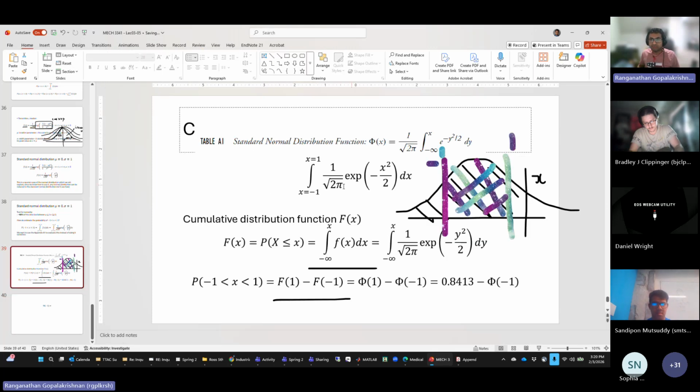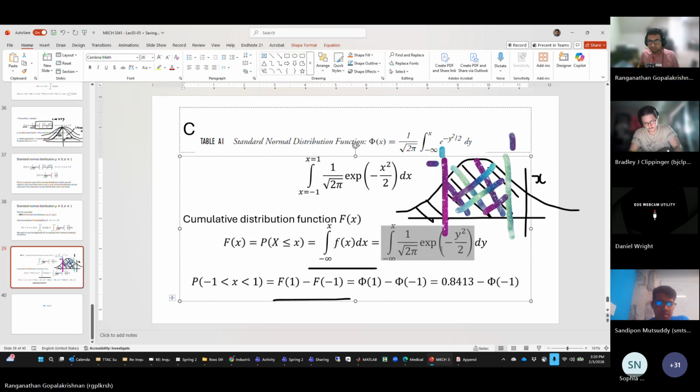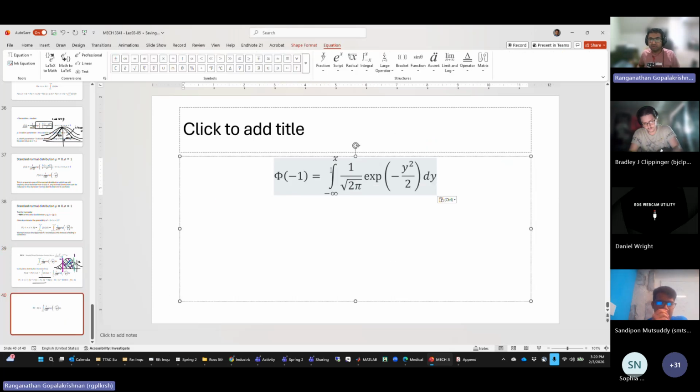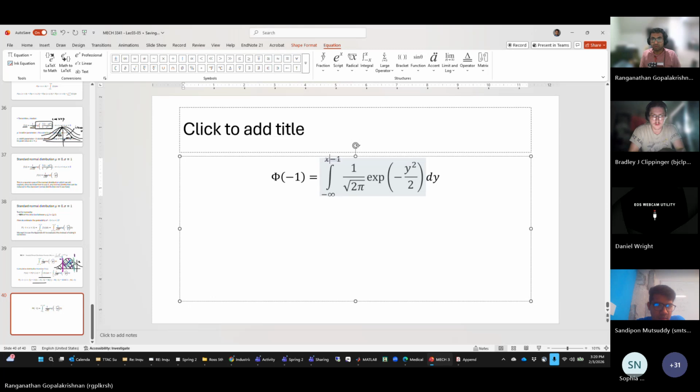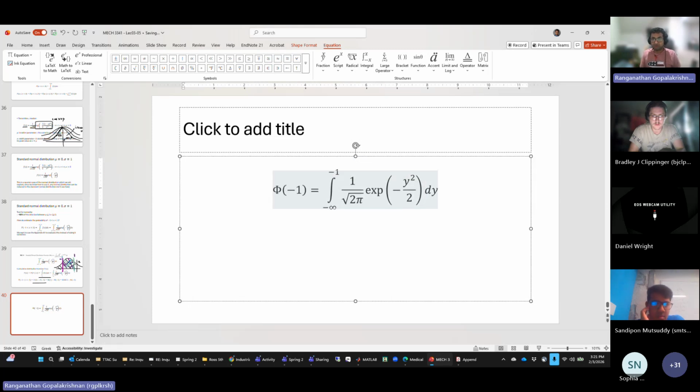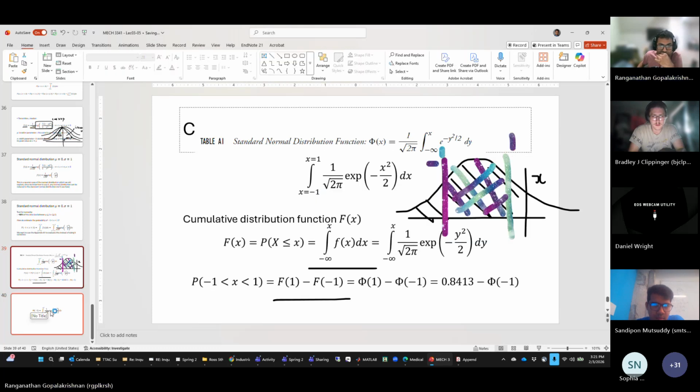If you go by this definition, that is the integral from minus infinity to minus 1 of this function. Minus infinity to minus 1. Okay, good.